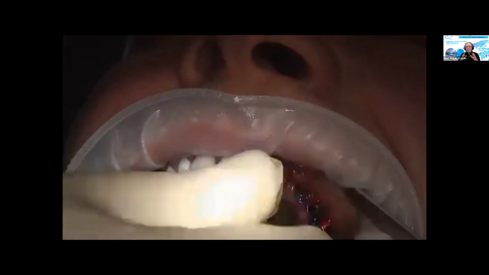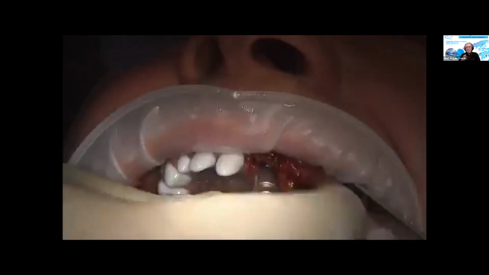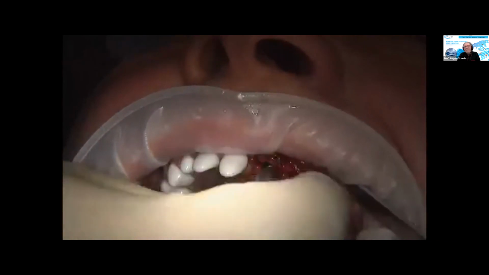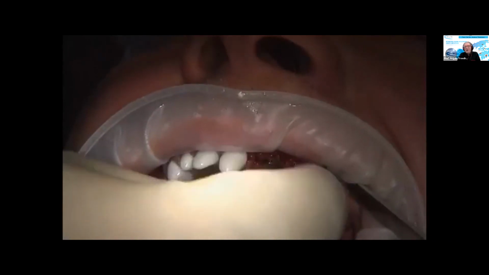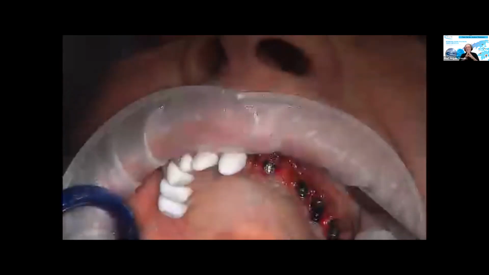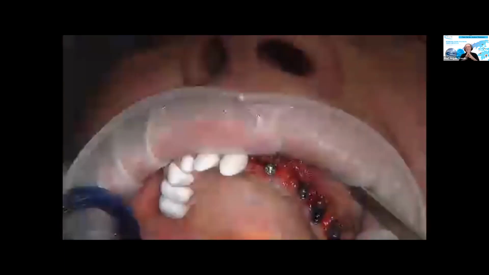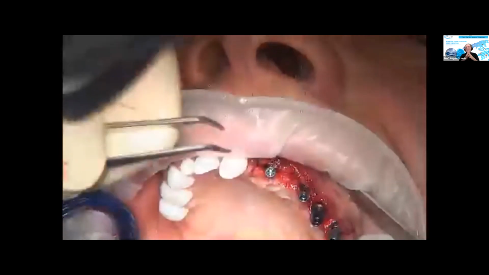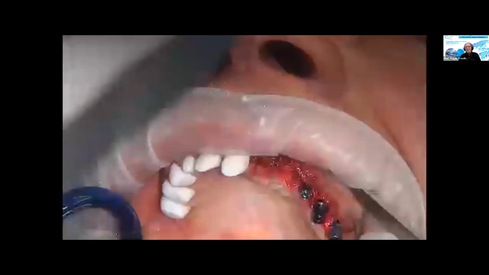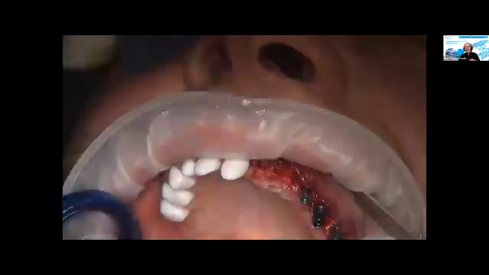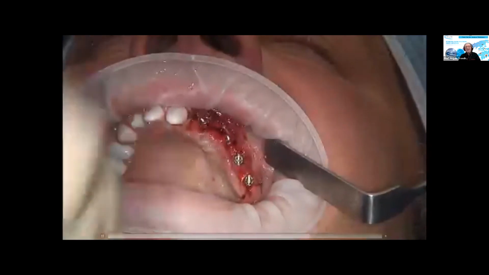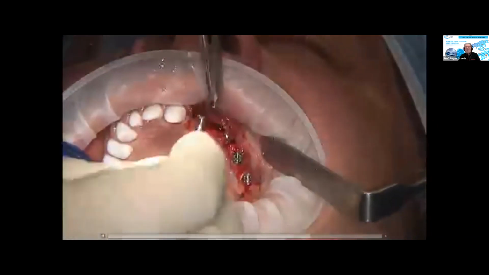So, of course, now the entire procedure is almost finished. Now we have to remove the insertion parts of the implants. And once again, I remind you, what do we see here? We do see here a narrow alveolar crest in this area. Now you saw the back of my head, and a low alveolar crest in this area.